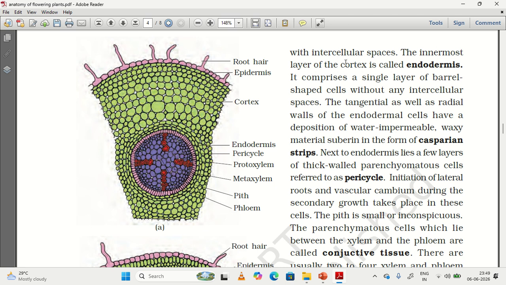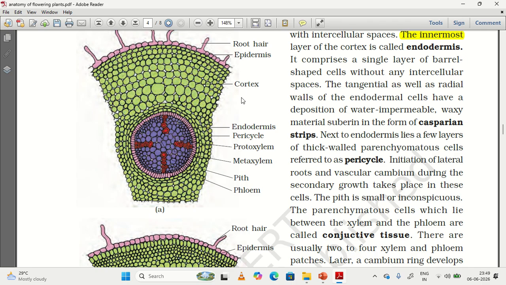The innermost layer of the cortex is endodermis. This is the endodermis. Okay, it comprises a single-layered group of barrel-shaped cells without any intercellular spaces.